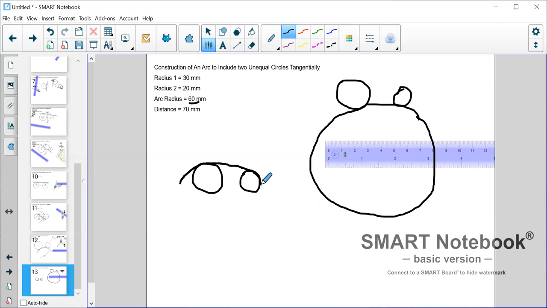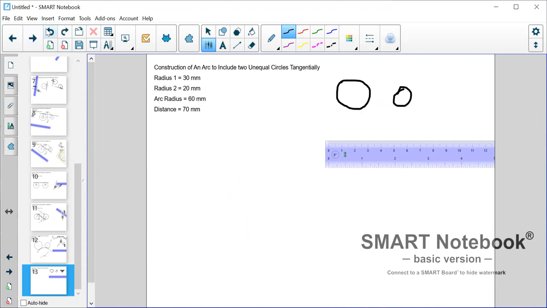So it will be on the inside. And if we're to complete the circle, it will be like this, right? So the two circles are on the inside. So that is why we say it includes the two unequal circles as compared to the other one where the two circles are excluded. All right, so that's just the concept and the idea behind this construction. So the two circles would be on the inside of the arc, basically.